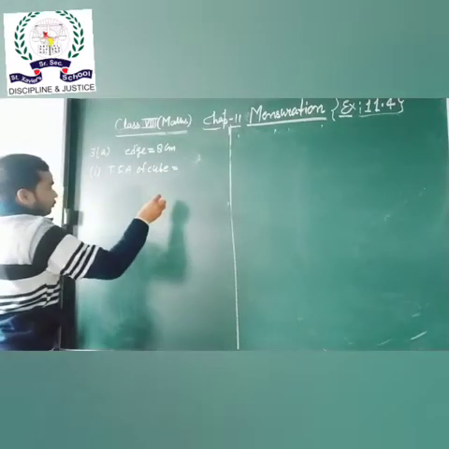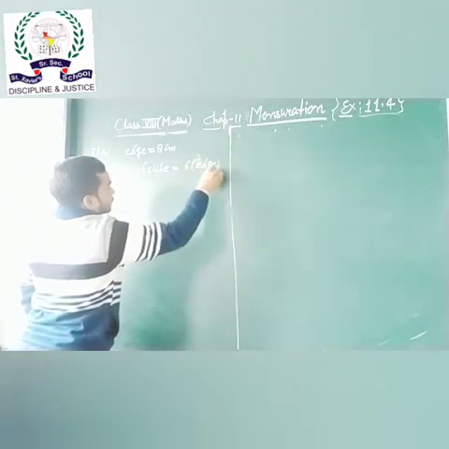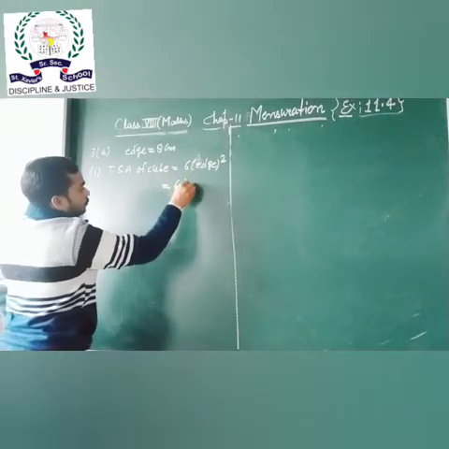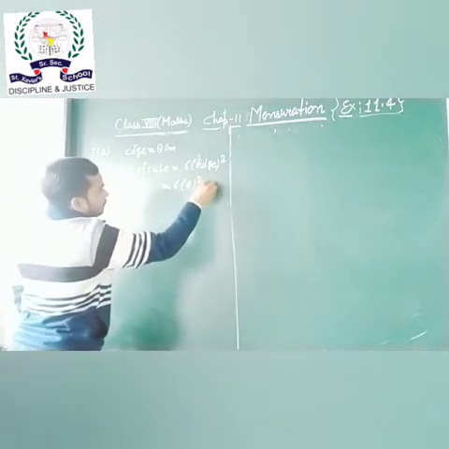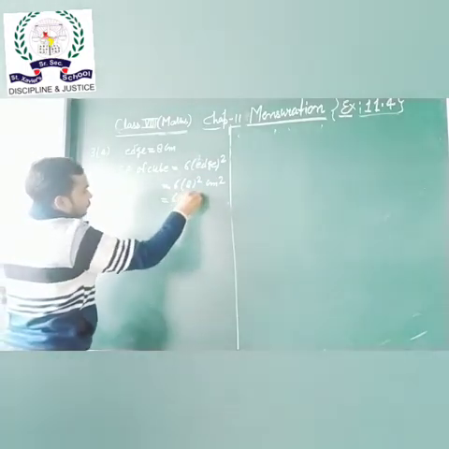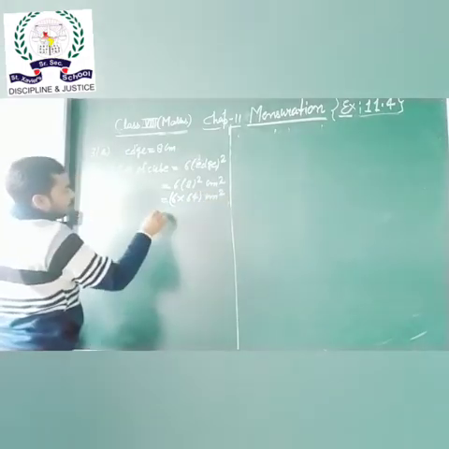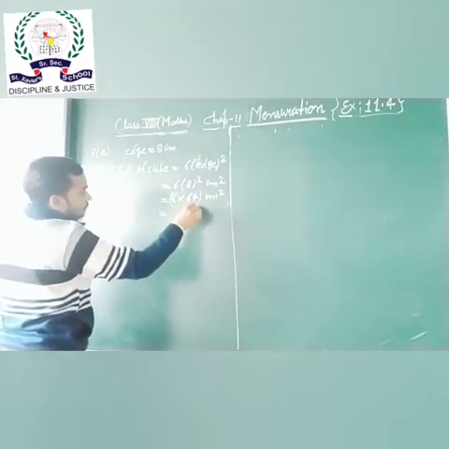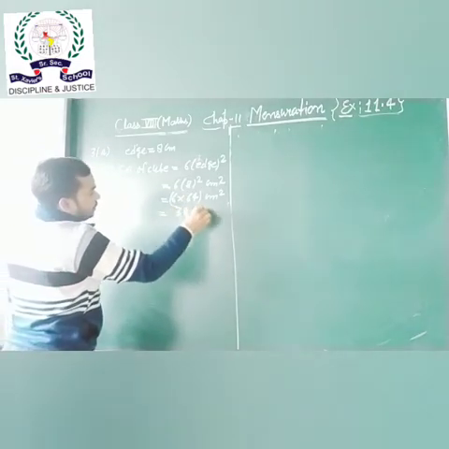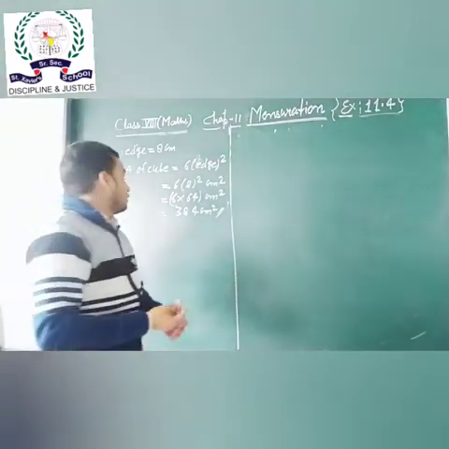It equals 6 into edge square. Edge is given 8 centimeter, so 6 into 8 square. 8 eights are 64, 6 into 64 centimeter square. 6 fours are 24, 6 sixes are 36 plus 2, 384 centimeter square. So this is the total surface area of cube.